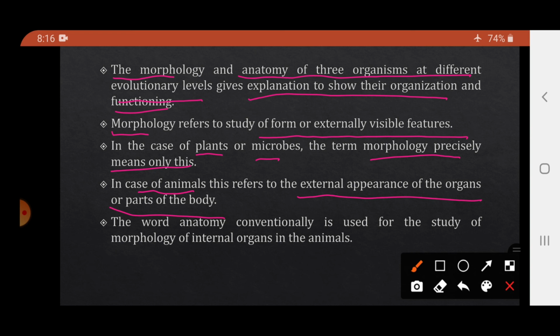Say for example, liver is the organ. Liver कहाँ पे present है? अंदर present है.